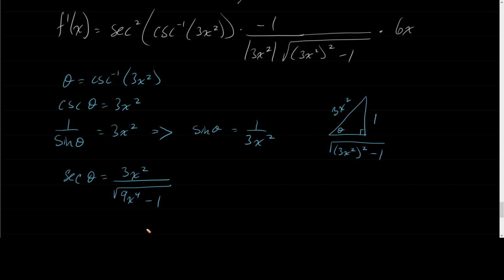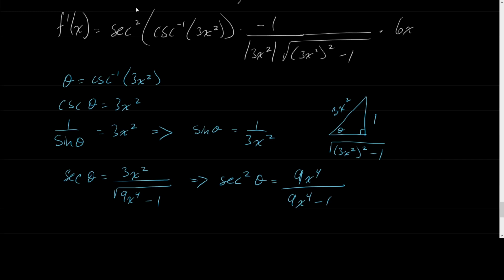So that minus 1, right? So that was hypotenuse over adjacent. So what we really get here is that's secant, which implies that secant squared would be this entire thing squared, meaning 9x to the 4th over 9x to the 4th minus 1, right? Because the square root squared, it goes away. So what do we find here?